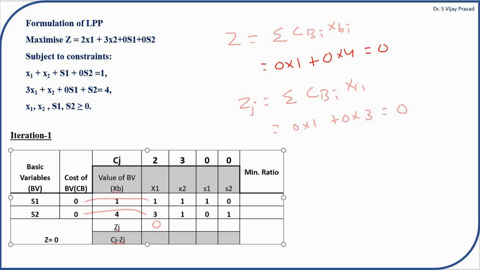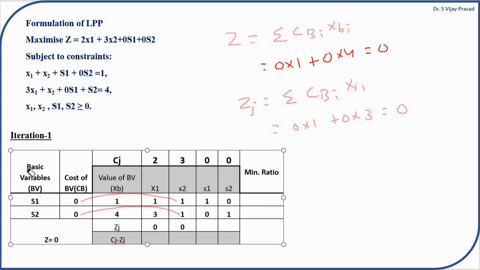Now the next one we are going to calculate very similarly. This is 0. The next one also we are going to get like this only: 0 into 1 and 0 into 1. 0 into 1 is 0 and 0 into 1 is 0 again, so the answer here is 0.